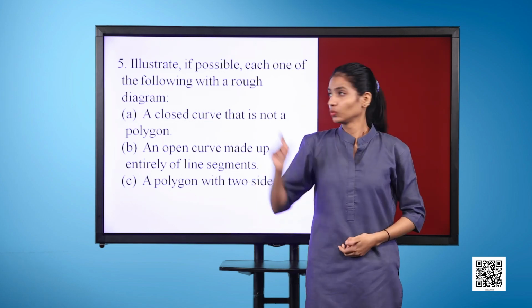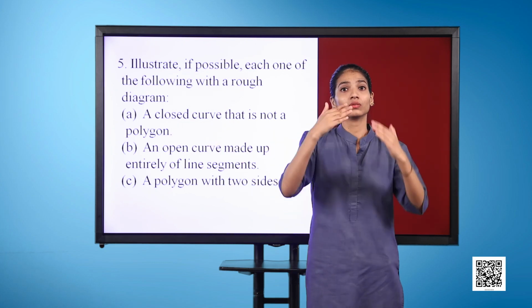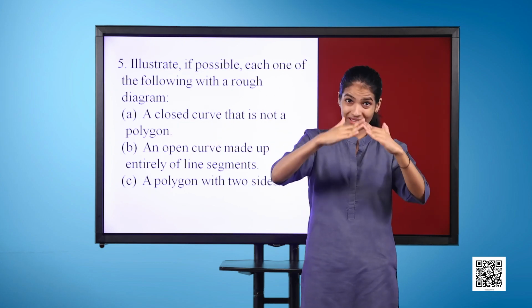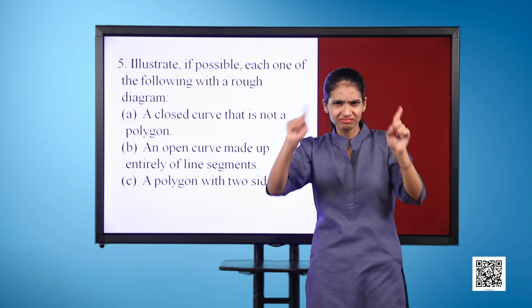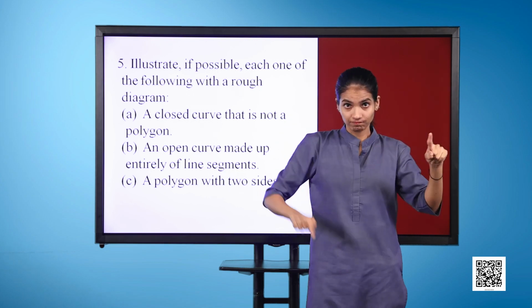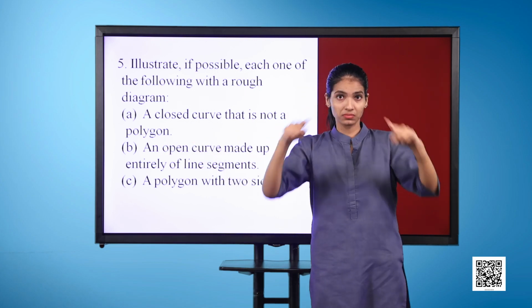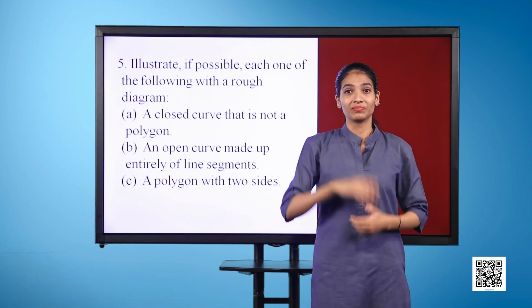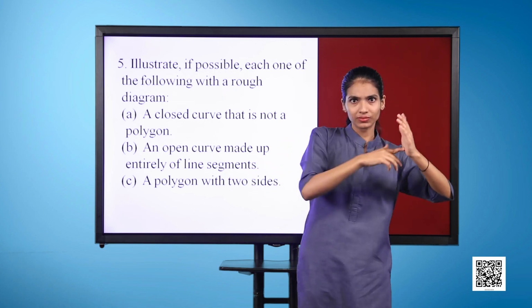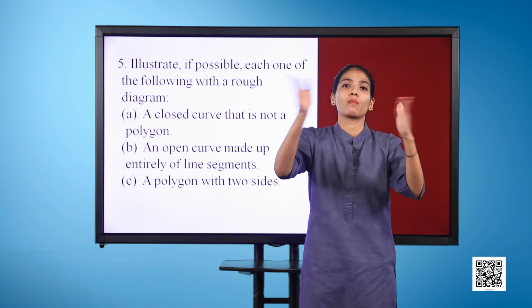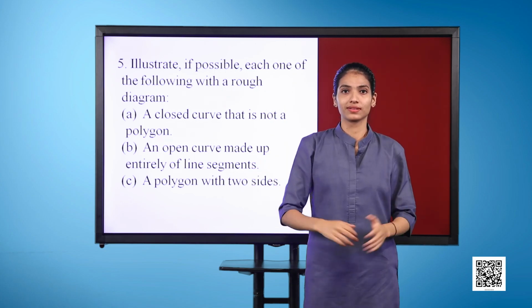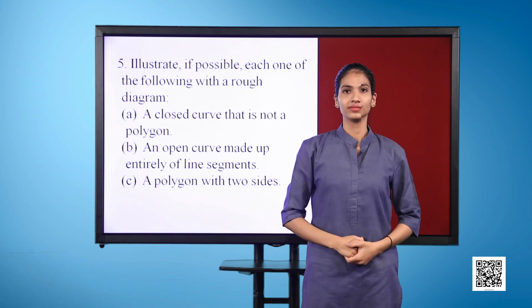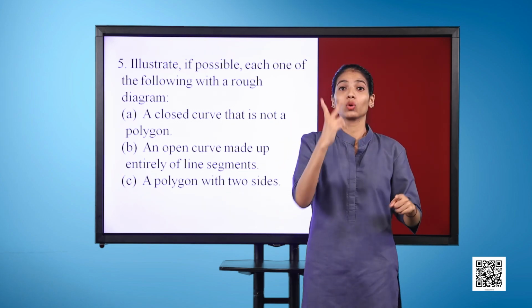A. A closed curve that is not a polygon. B. An open curve made up entirely of line segments. C. A polygon with two sides.